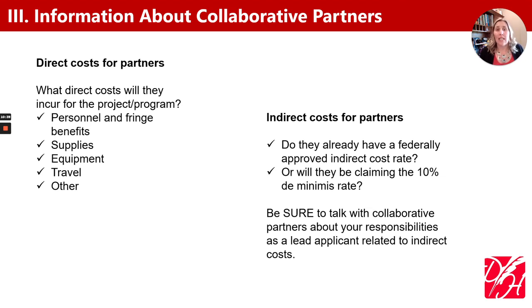Because as you're doing the calculations about the total collaborative partner cost, both the direct cost and the indirect cost, you need to make sure you're taking into account all of their costs so that you're sure the grant you're going to apply for can cover not only your costs, but their costs as well. This will help ensure that, again, both parties in the collaboration are compensated for the work that they're bringing to this collaborative effort.